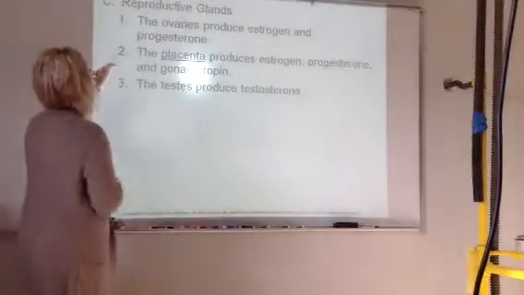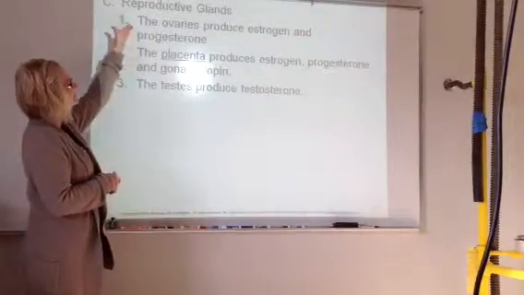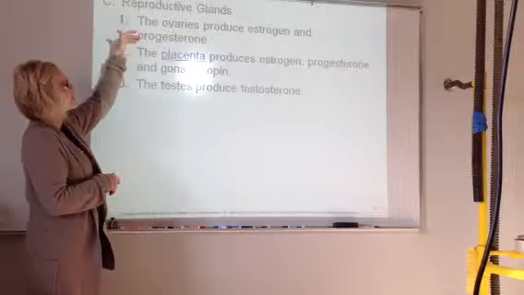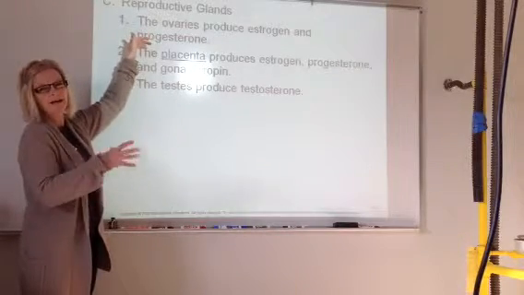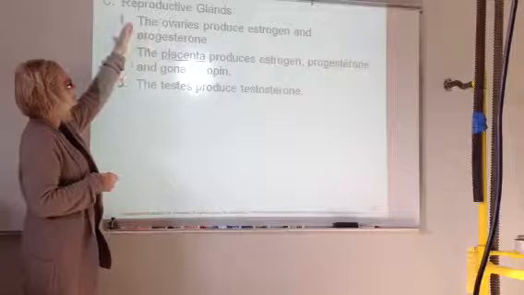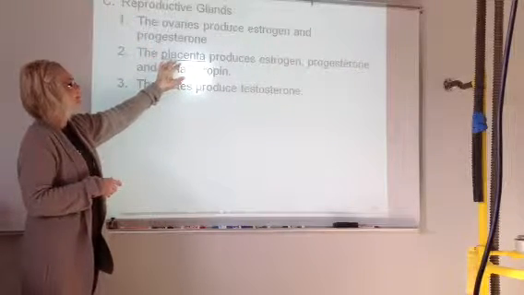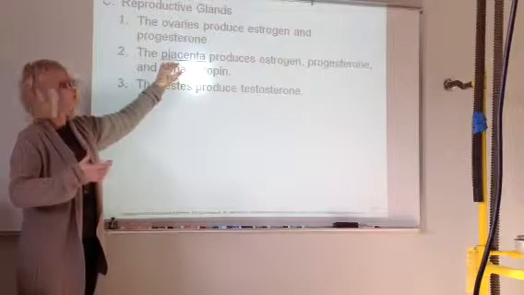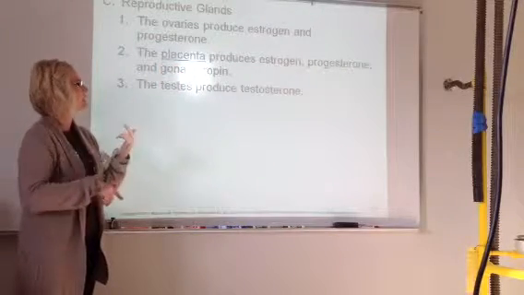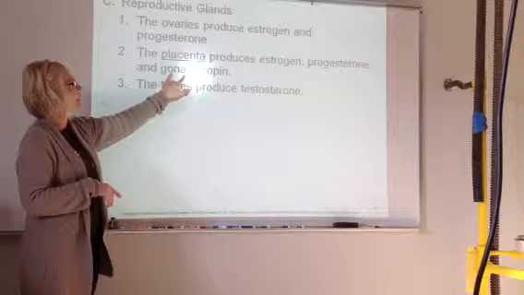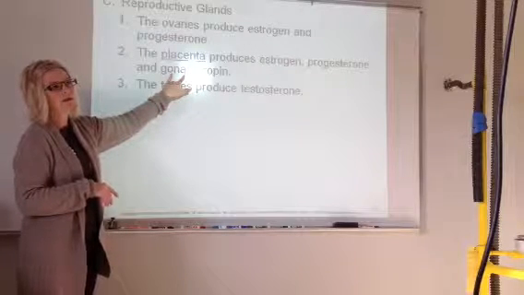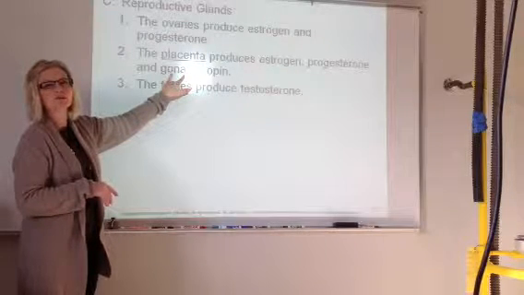Reproductive glands: ovaries in the females are going to produce estrogen and progesterone. Biology, you should have probably talked about that some. The placenta, when a woman is pregnant, produces estrogen, progesterone, and gonadotropin.